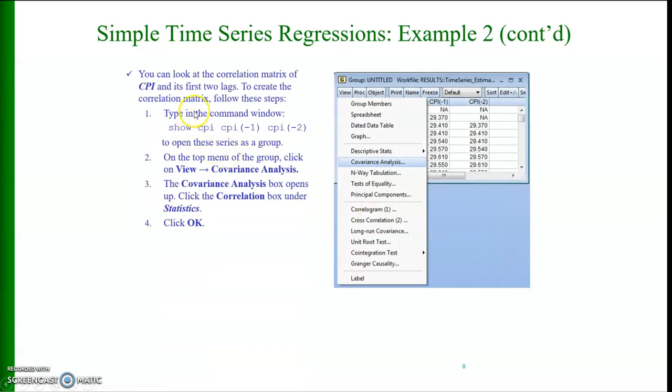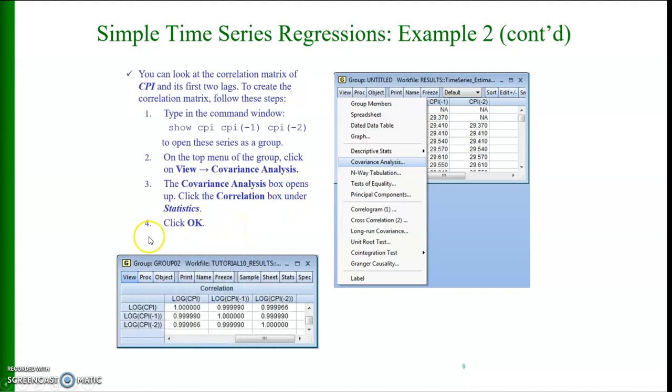So we can look at the correlation matrix of CPI and its first two lags. To create the correlation matrix, we say show CPI CPI(-1) and CPI(-2), and then we follow these steps, and finally we get this correlation matrix. If you look, these series are highly correlated.